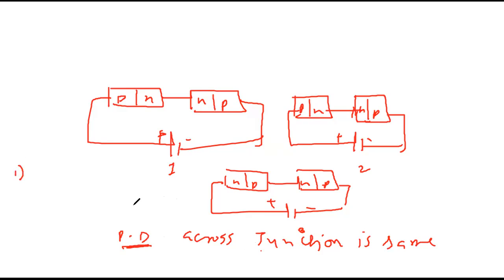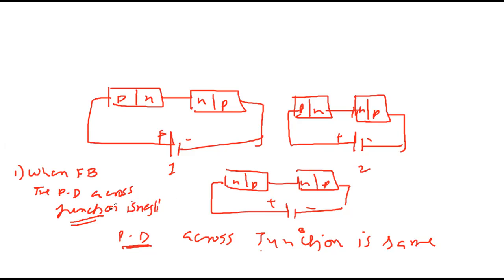Now Kanav, हाँ सर. When forward biased, the potential difference across the junction will be negligible ना, because current flow होने लगता है, नहीं तो barrier potential होता है.